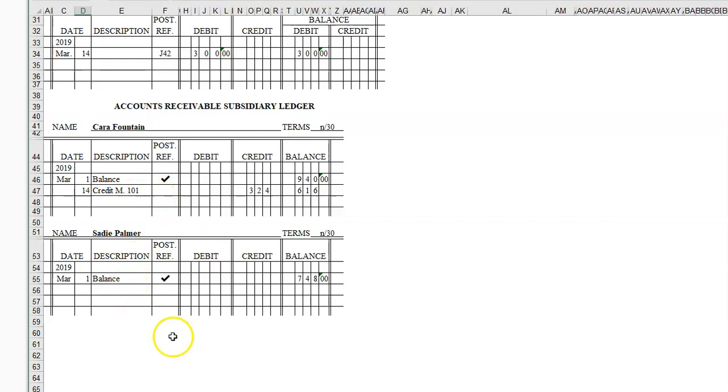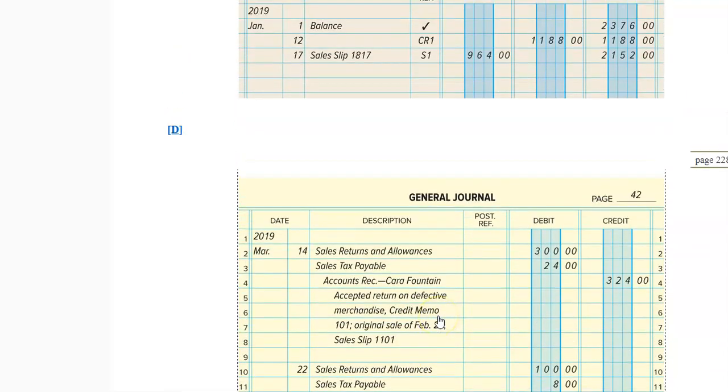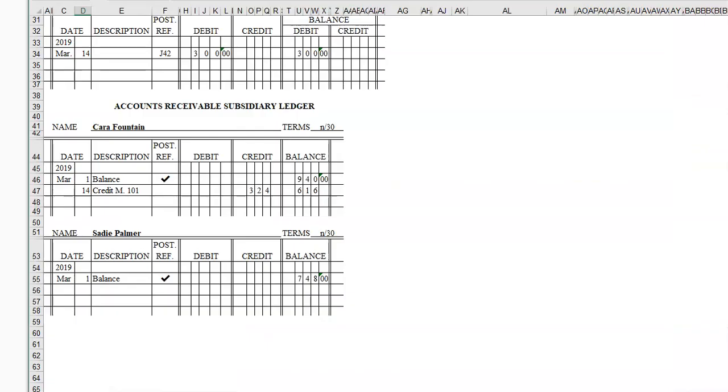And we'll do the same thing for Sadie. She gets $108, I believe. Yep. 108.